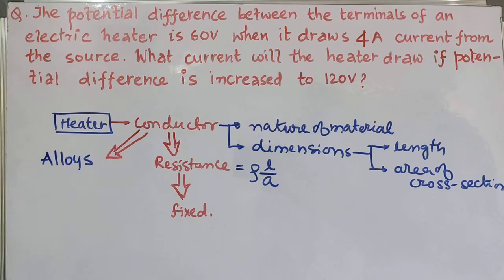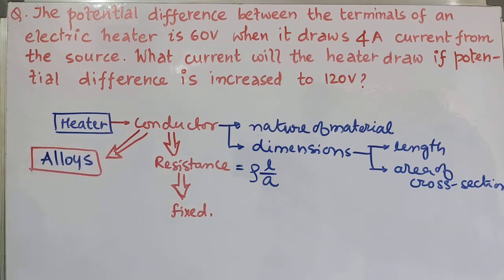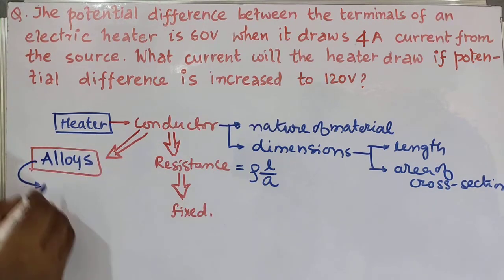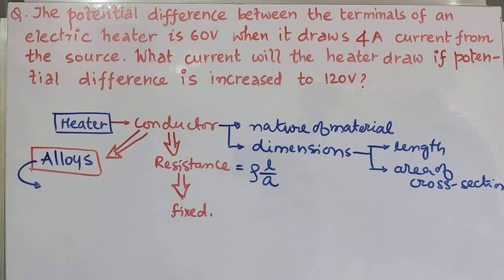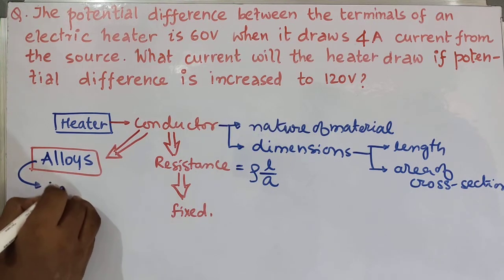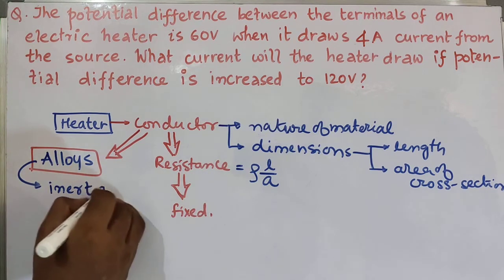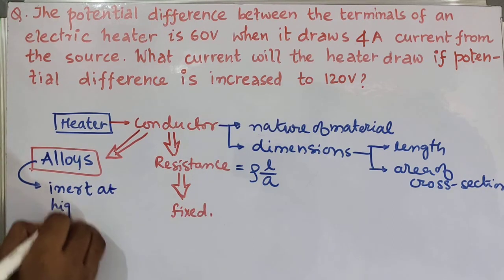What are alloys? Alloys are a mixture of metals at molten state. These alloys will have high resistance compared to the conductors. Still, why are we using alloys? We are using them because of their chemical inertness. Alloys are inert at a high temperature.